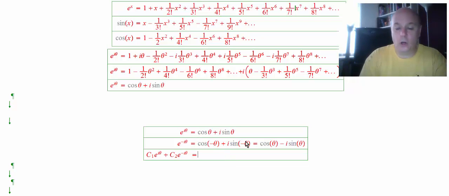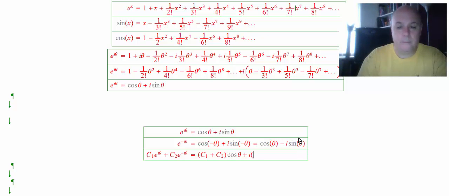Let's collect on the cosines. If I have C1 times this, I'm going to have C1 plus C2 times the cosine of theta, plus i times, now the sines, I'm going to have a C1 times the sine and a minus C2 times this sine.